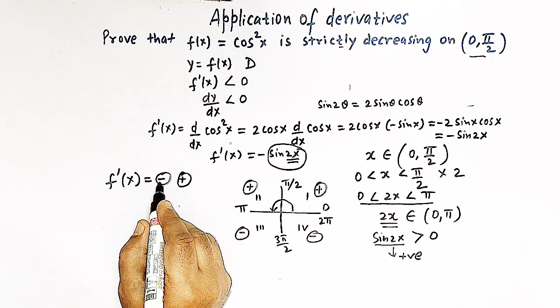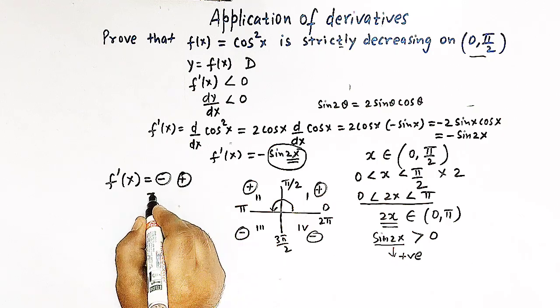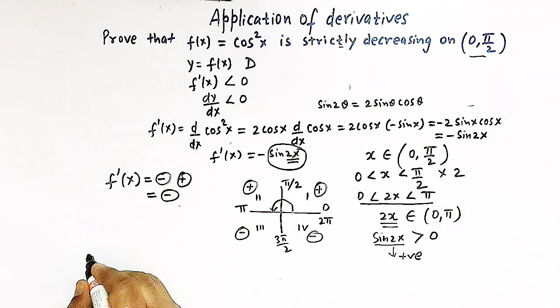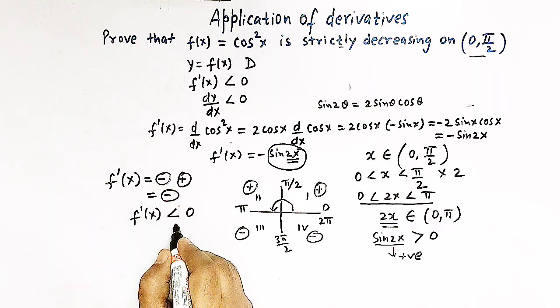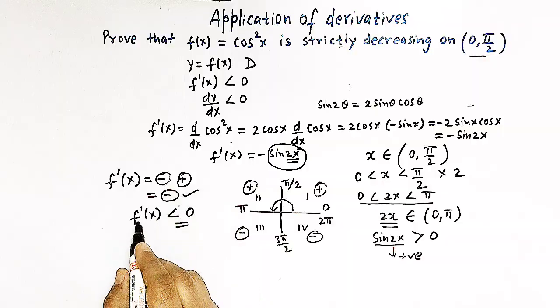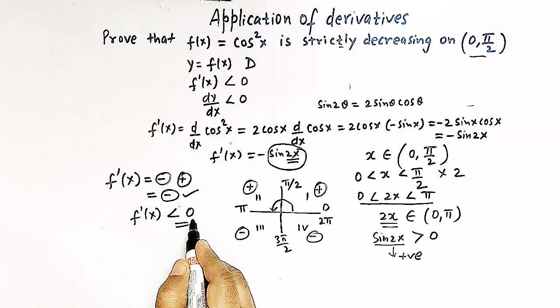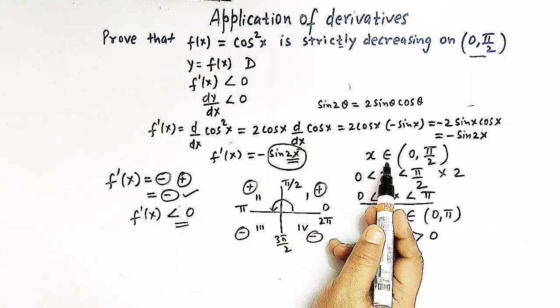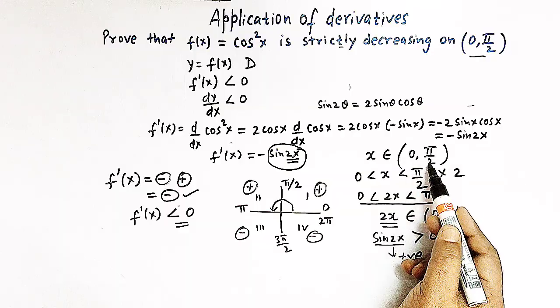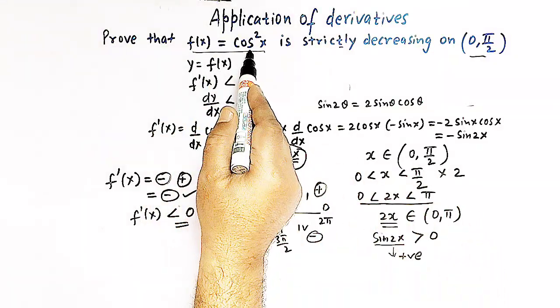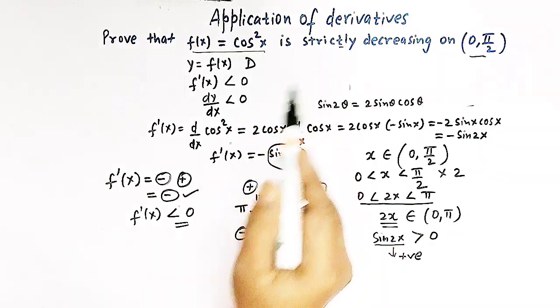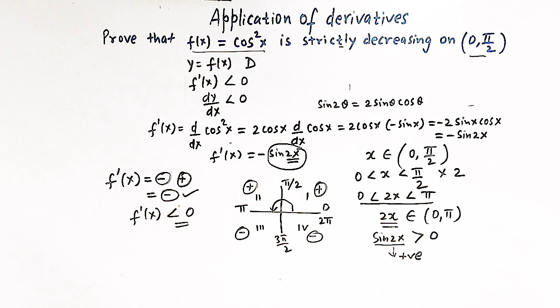And the product of negative and positive is negative, right? So f prime of x is always less than 0 because this is negative. So f prime of x is less than 0 for all x belonging to 0 to pi by 2. Therefore, this function f of x equal to cos square x is strictly decreasing on 0 to pi by 2.